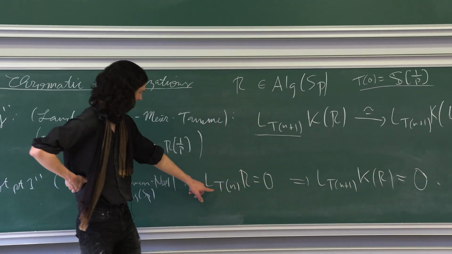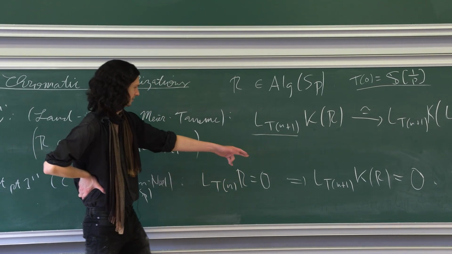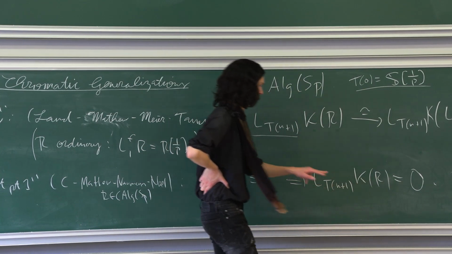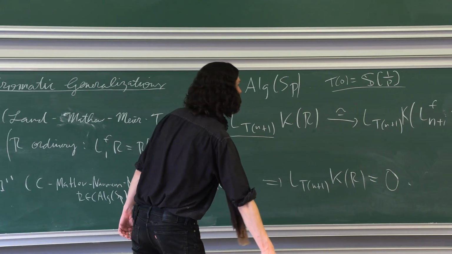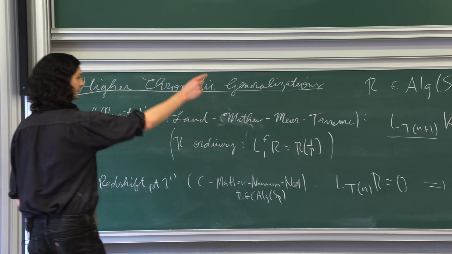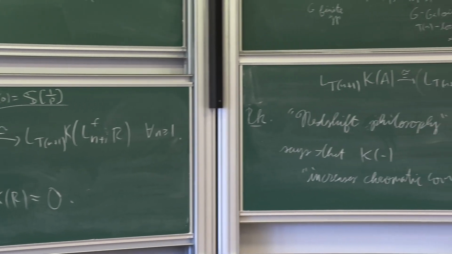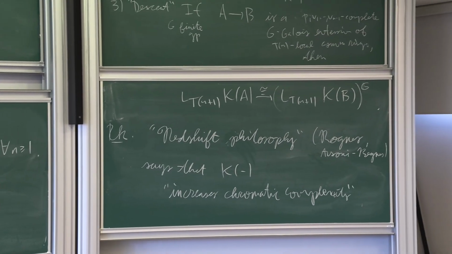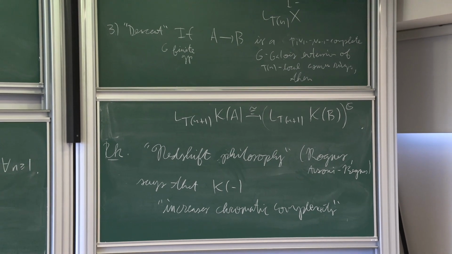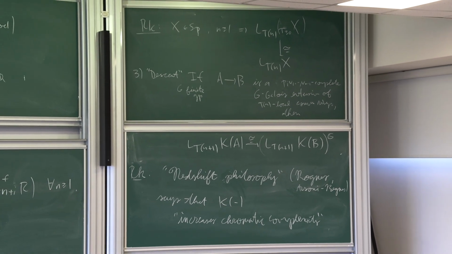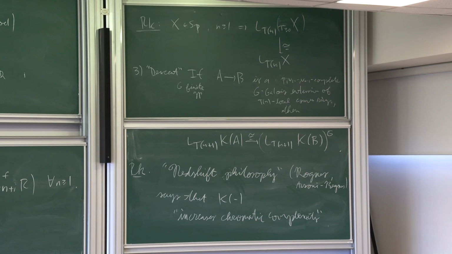If the chromaticness of R stops at n, then the chromaticness of K of R stops at n plus 1. And then in general, just like with Thomason's theorem, you're supposed to have good properties at the very next height. So this descent theorem is an indication that when you work at the next height, you get nice properties for your Tn local K theory.